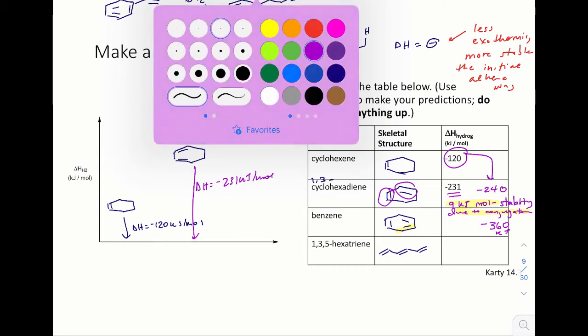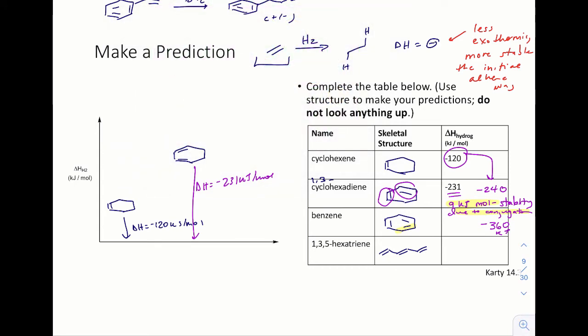Like 1,3,5-hexatriene, maybe we expect something similar, so about 360, except we know they're conjugated, and we saw there was 9 kilojoules per mole stability due to conjugation in the 1,3-cyclohexadiene. So perhaps instead of just 2 conjugated pi bonds, there's 3. Maybe that'll give us 20 kilojoules per mole stability. So maybe it's negative 340 kilojoules per mole, maybe.